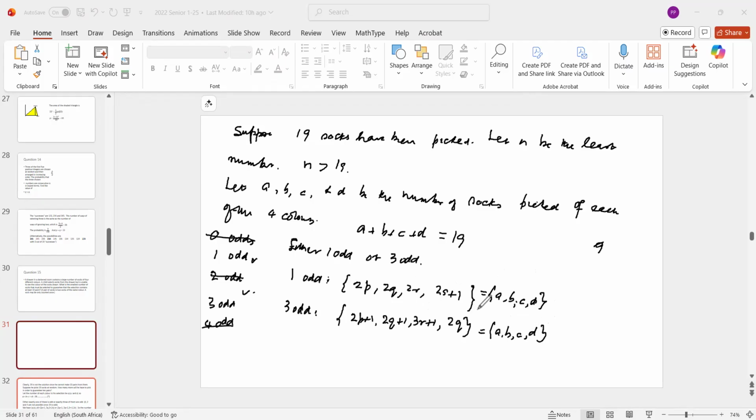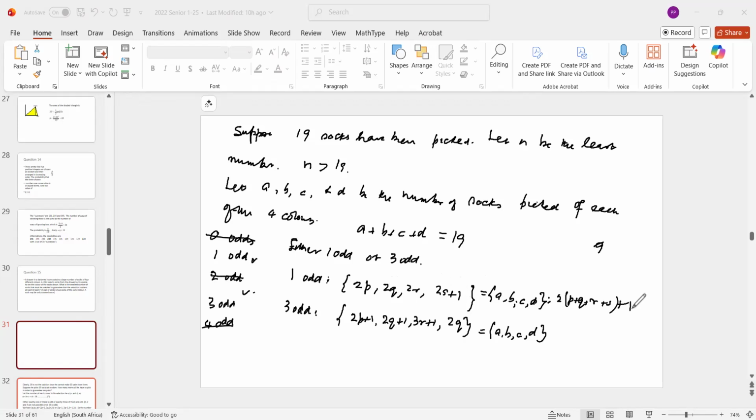And now I know, oh yeah, in this case here, when you add these four numbers, you're going to get 19 because it's the same set. So if you add those four and take the 2 out, you got 2 into p plus q plus r plus s plus 1.